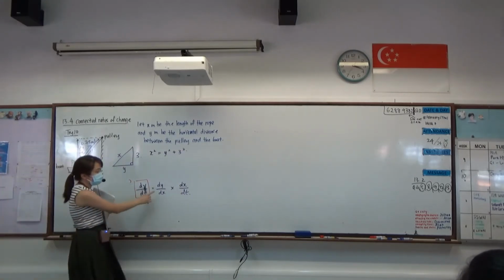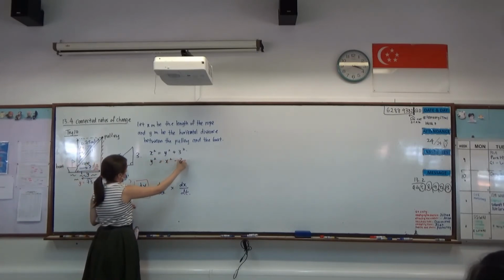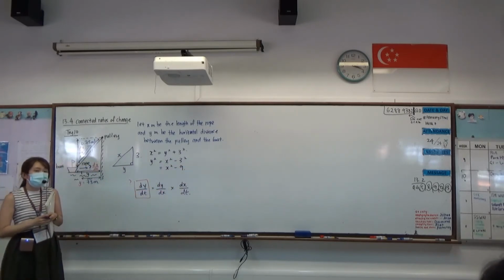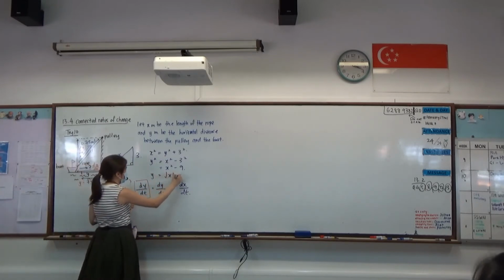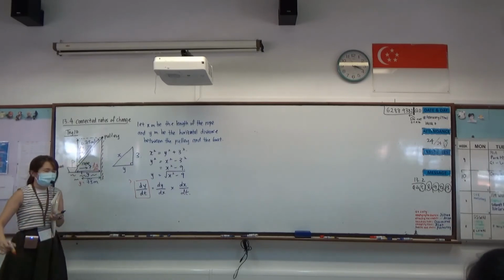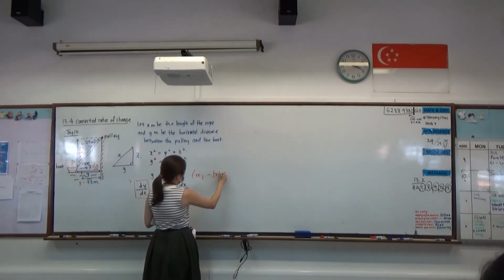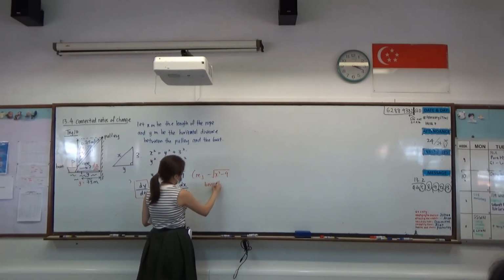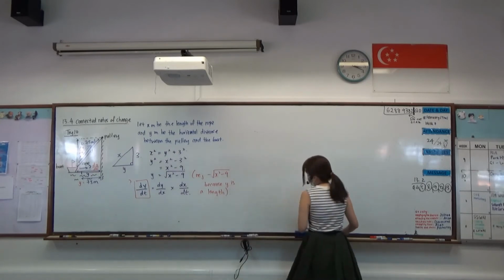Since we want dy over dx, let's make y the subject. We cannot differentiate with y squared itself, we must have y. So y is equal to square root of x squared minus 9. We actually reject the negative one because y is a length, just to let you know.